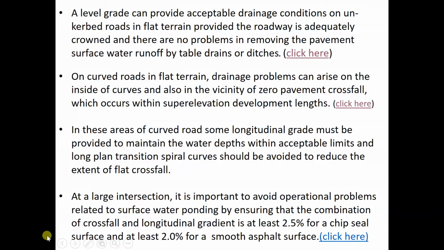and so it will cause the vehicle to slide along. At large intersections, it's important to avoid operational problems related to surface water ponding by ensuring the combination of crossfall and longitudinal gradients is at least 2.5% for chip seal surface and at least 2% for smooth asphalt surface.